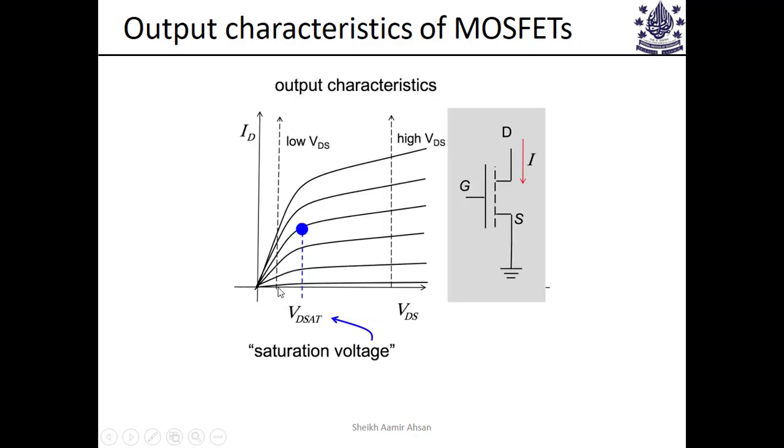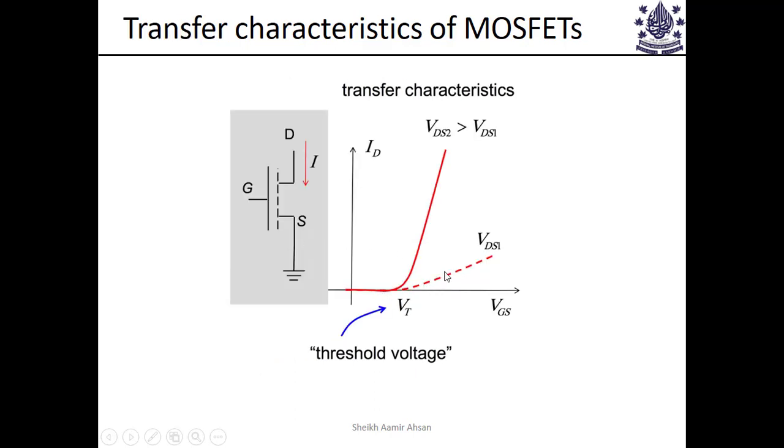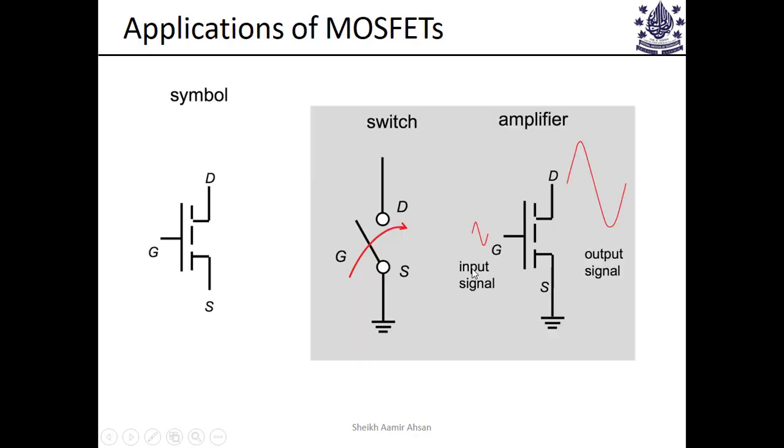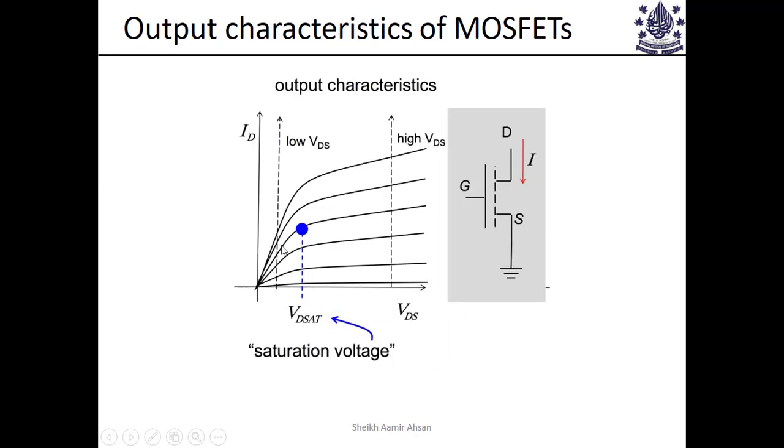So we are fixing VDS and seeing the values of current for different values of VGS. This is called the linear characteristics, because after all this is linear region behavior. Anything to the left of VD-sat is linear region, to the right of VD-sat is saturation region.